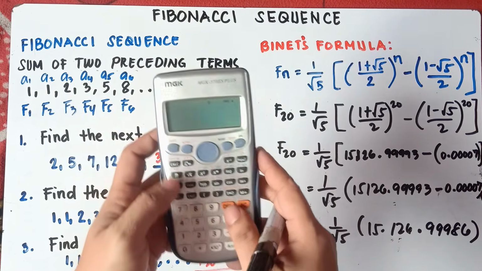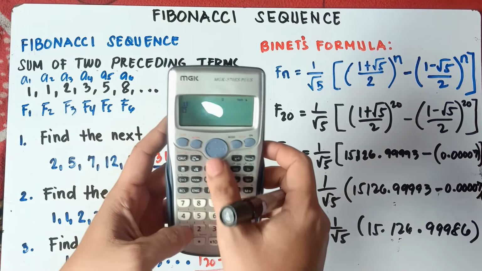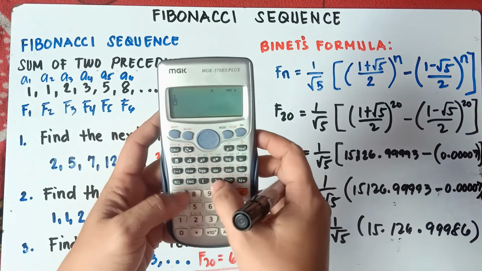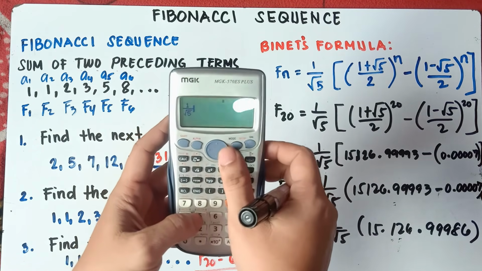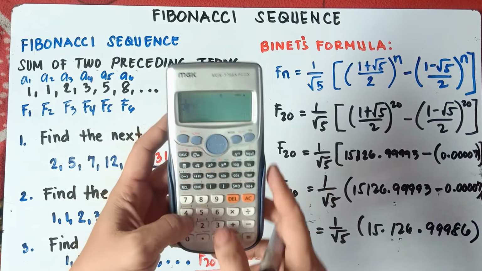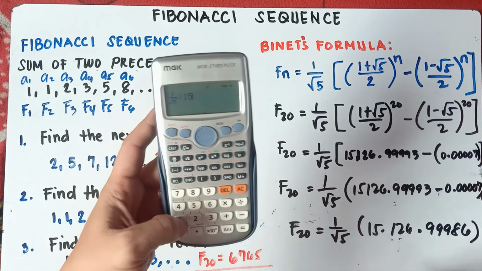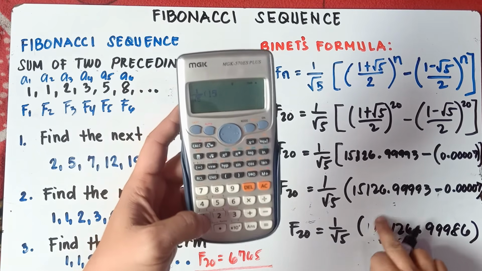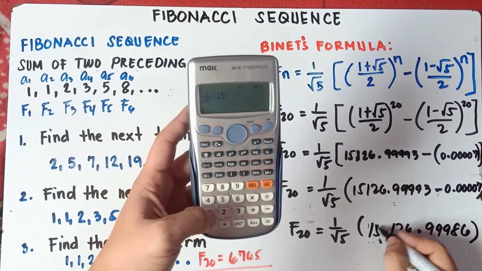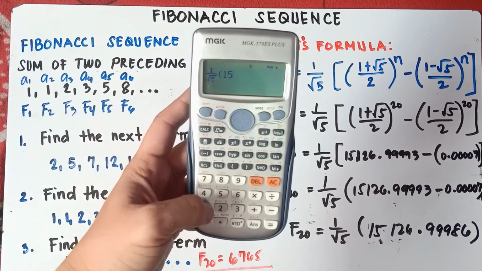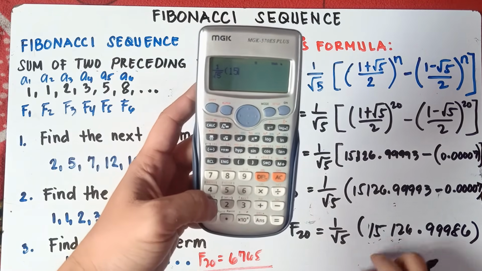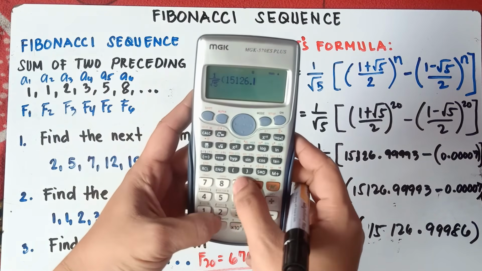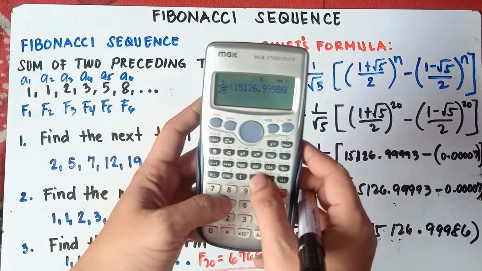So multiply this one. So fraction 1 over square root of 5, then times 15. No, this is not 15 point, class. This is 15,000. Sorry, this is 15,126.99986.